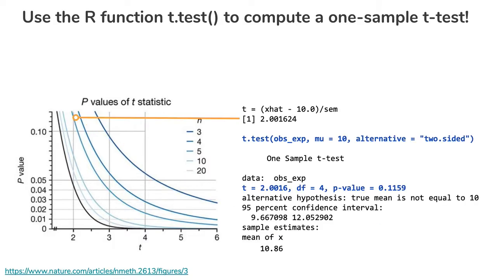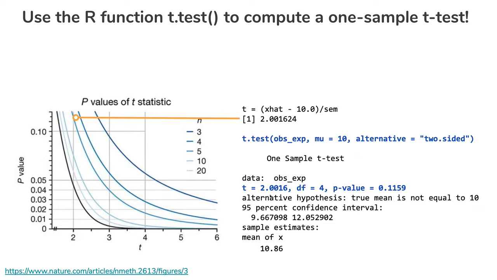Well, it turns out that there's a simple test in R called t.test. And if we run t.test on our observed data, so this obs exp is our 5 measurements. The mu is the null distribution mean, okay? And we're saying we want to do a 2-sided test, as I just talked about.